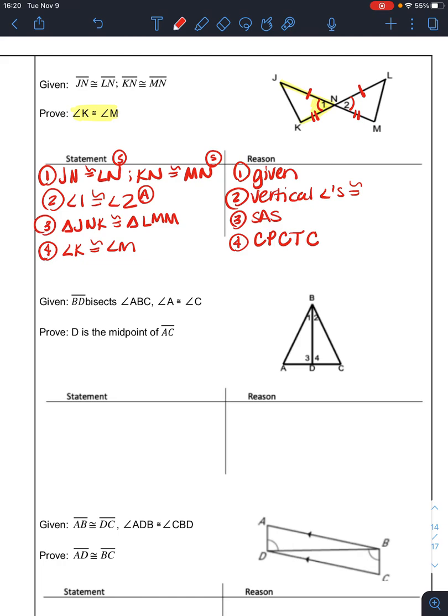CPCTC: corresponding parts of congruent triangles JKN and LMN are congruent. So I have said K is congruent to M, which is what I was trying to prove. Okay, corresponding parts, CPCTC, will never happen until you have said the triangles are congruent. You can't use corresponding parts of congruent triangles until you have said the triangles are congruent.